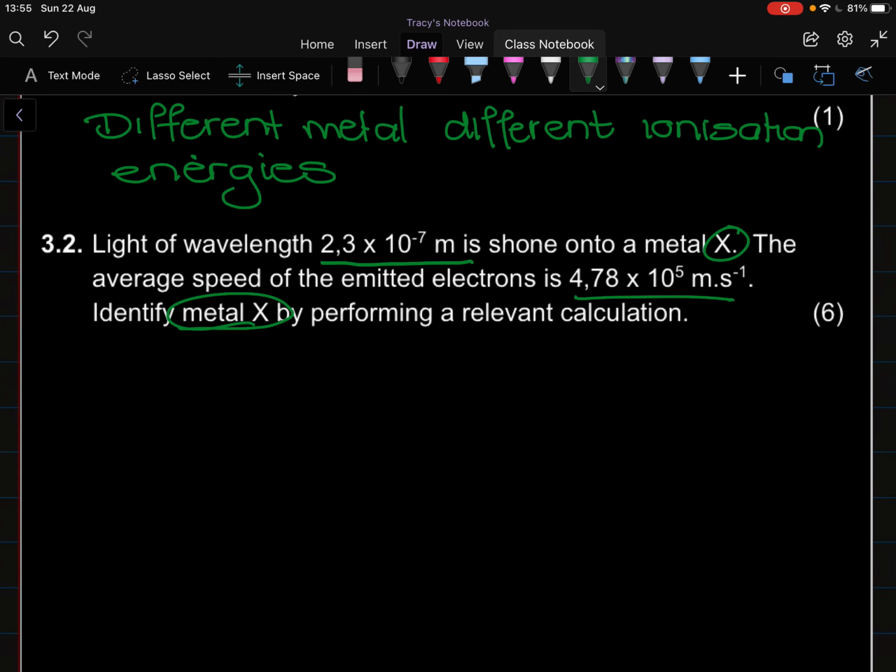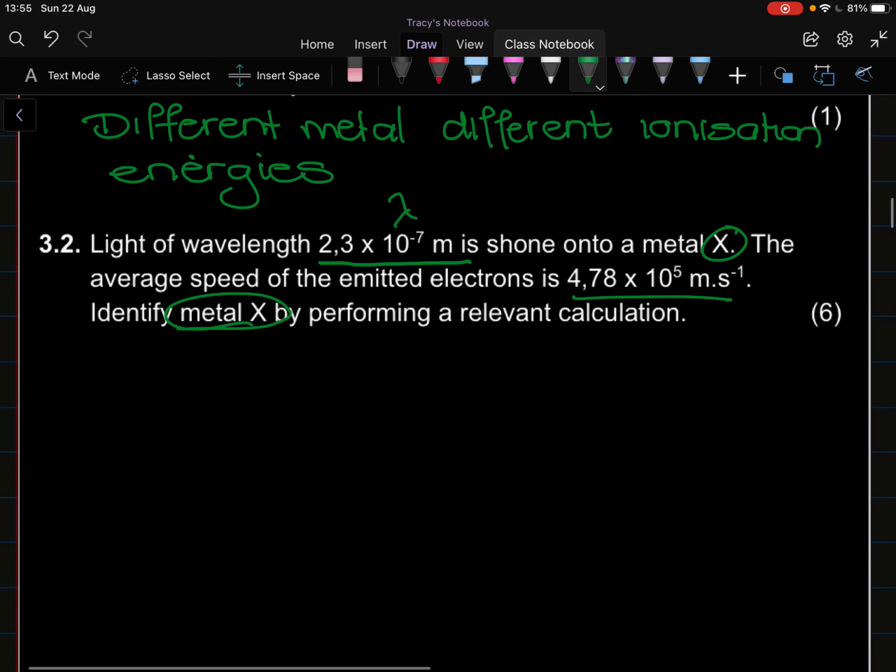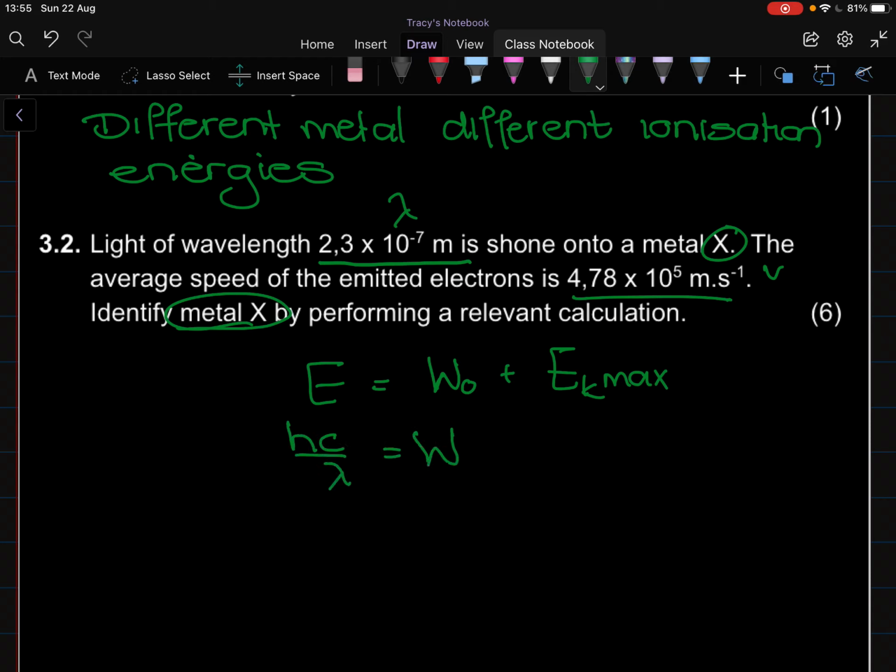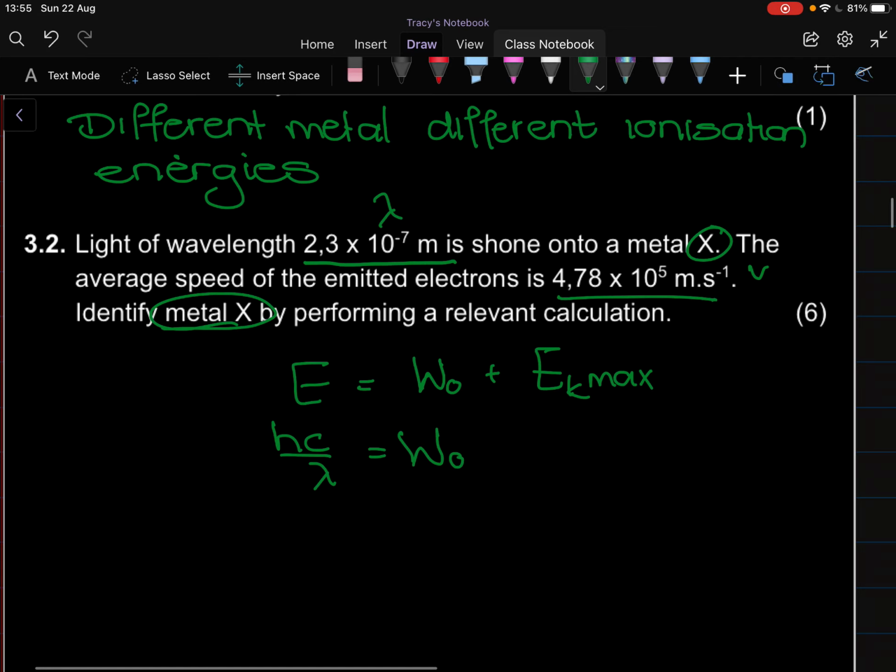So what they've told us is you've got lambda and you've got v. Now we know that E equals W0 plus EK max. Now on our information sheet we also know that E equals hc over lambda, so that's what I'm going to use here because I have lambda. I'm not going to change W0 because that's what I'm looking for, and I'm going to use a half mv squared.